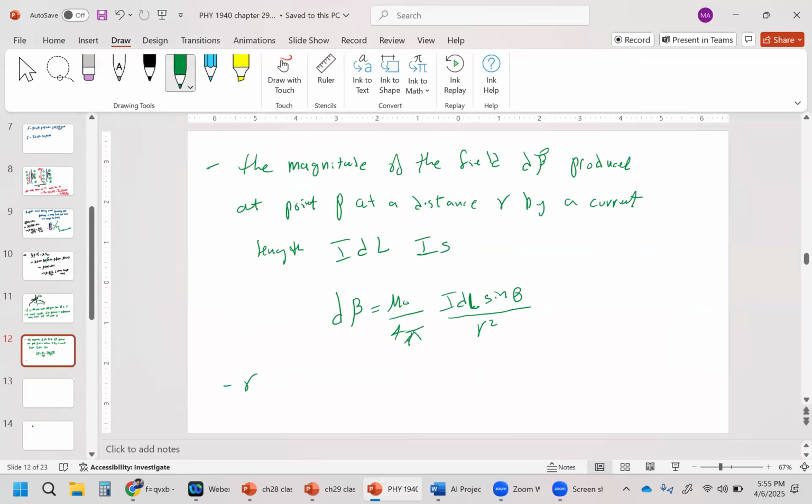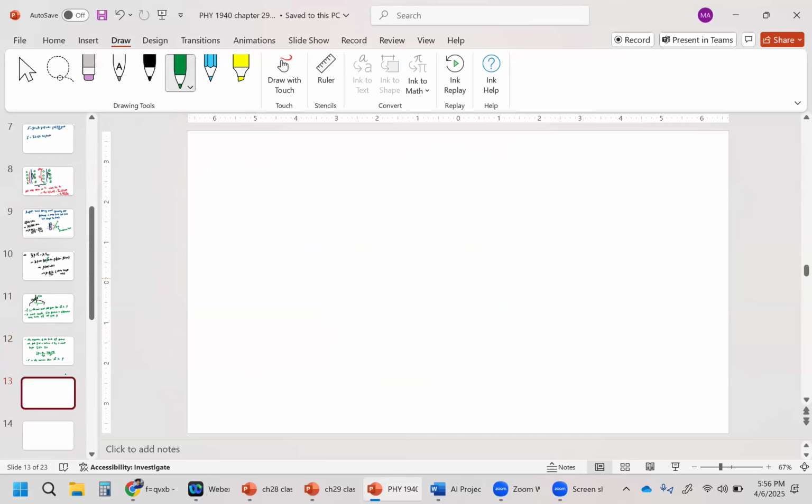So let me go ahead and write this down. R is the distance from dS, dL, to our point P. This magnetic field distribution, which is your mu naught over 4 pi, is going to equal mu naught over 4 pi I dL cross R hat divided by R squared.